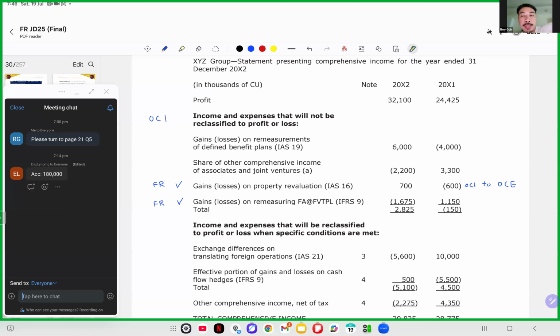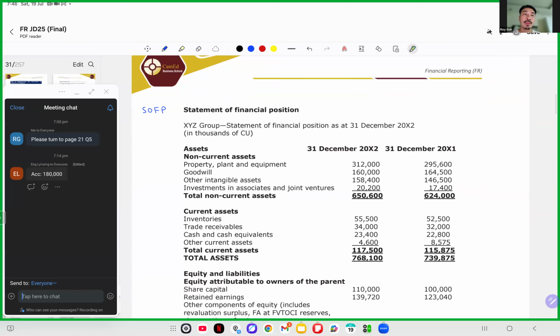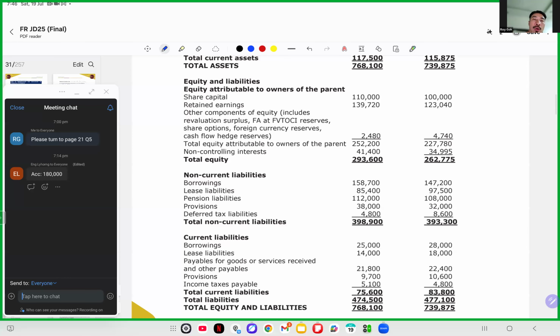Very different. So now, I was jokingly saying, I am not a scientist, and I do not know whether the chicken comes first or the egg comes first. But I'm an accountant. I will always know that first, I will have the profit and loss account that gives me the profit after tax.